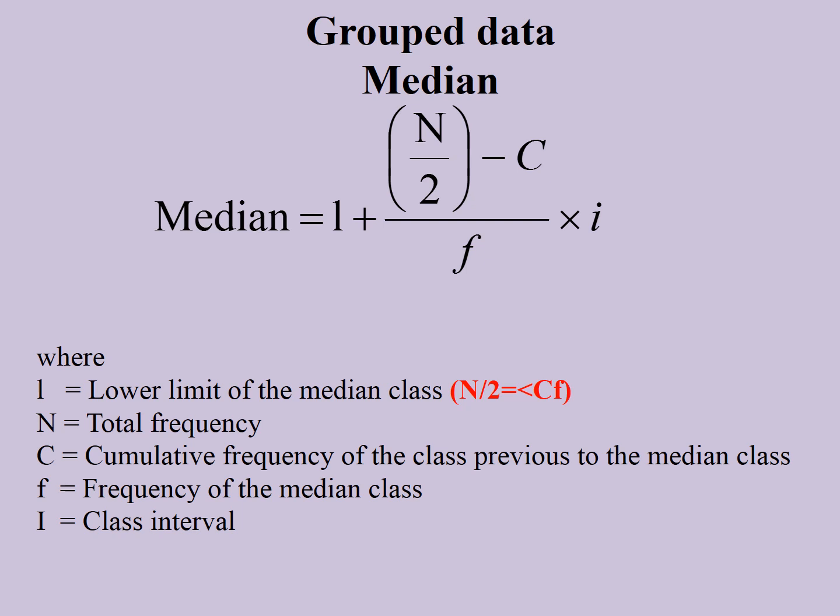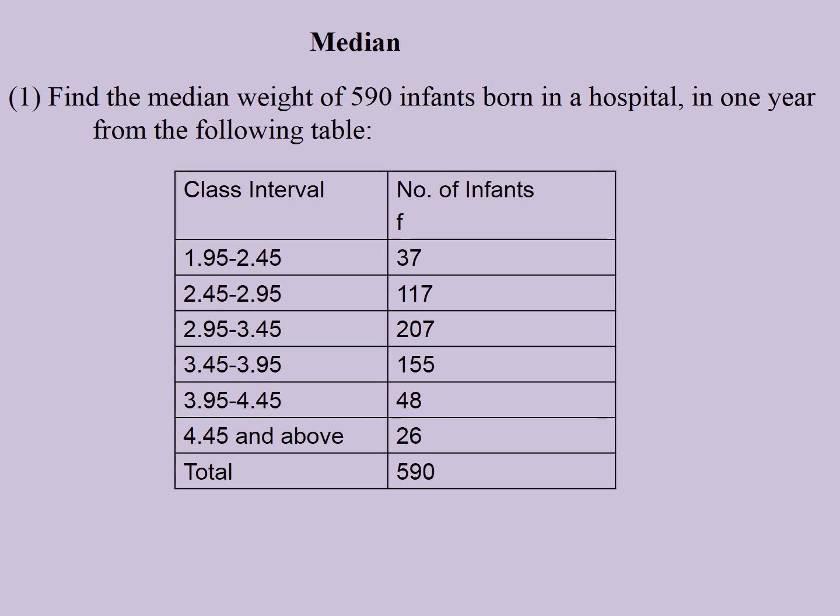So let's see. The example is: find the median weight of the 590 infants born in a hospital in 1 year with the help of the following table. In the first column we have the class interval, the weight. The class intervals are as follows: 1.95 kgs to 2.45, 2.45 kgs to 2.95, and so on till 4.45 and above.